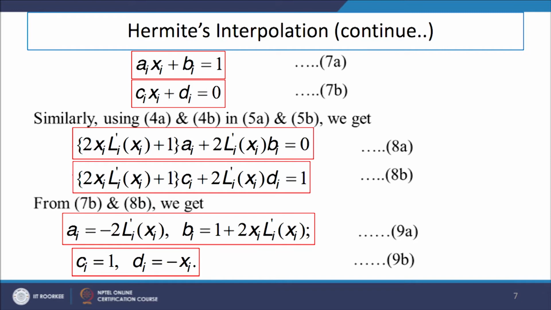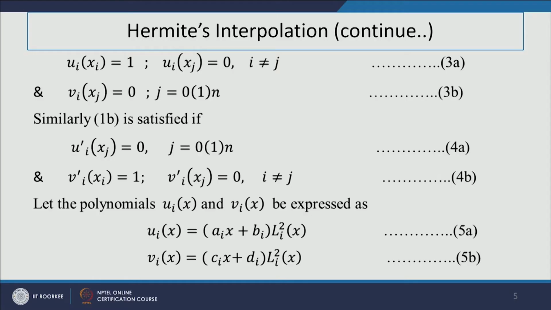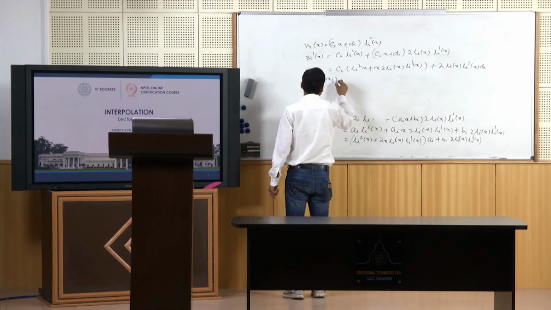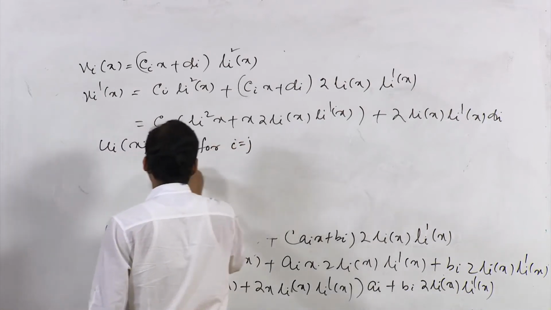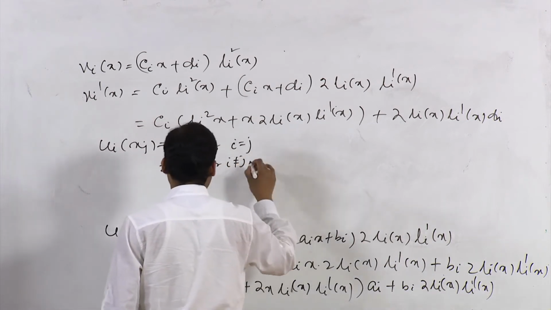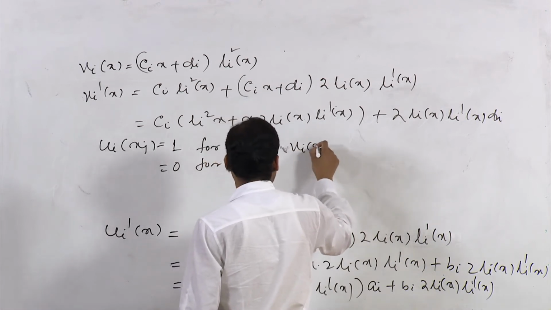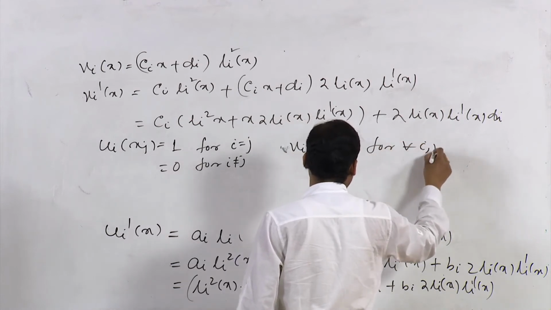So, if we put these values here, this means that using equations 3a and 3b here, as the conditions I have already written, ui of xj equals 1 for i equals j, and equals 0 for i not equal to j, where for all i and j we can say that vi of xj equals 0 for all i, j here.